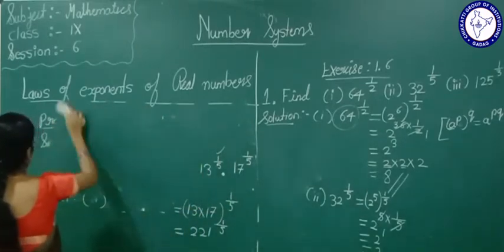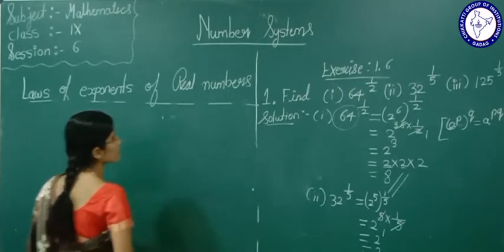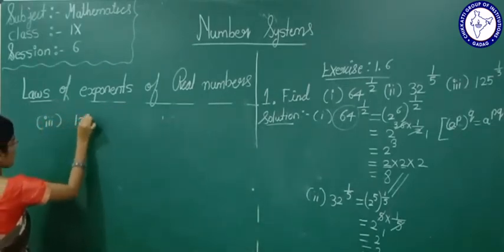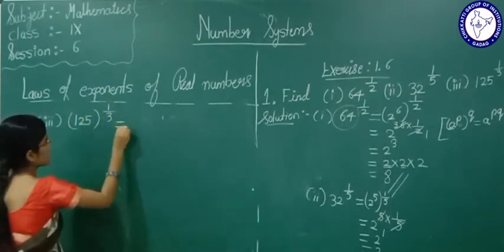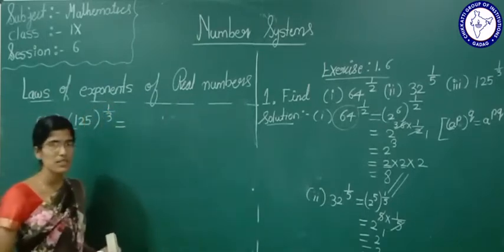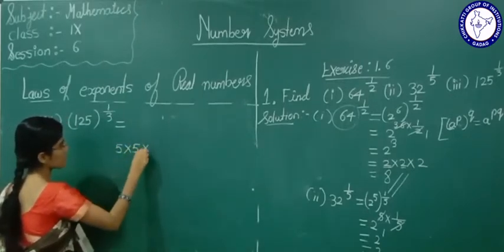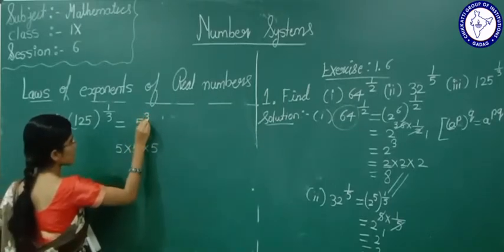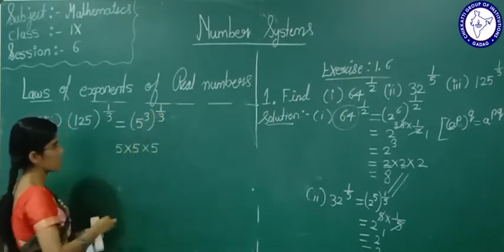In a similar manner, we will solve the third one. The third one is 125 raised to 1 by 3. See, 125 can be written as: 5 5s are 25, 25 5s are 125. It can be written as (5 raised to 3), the whole raised to 1 by 3.